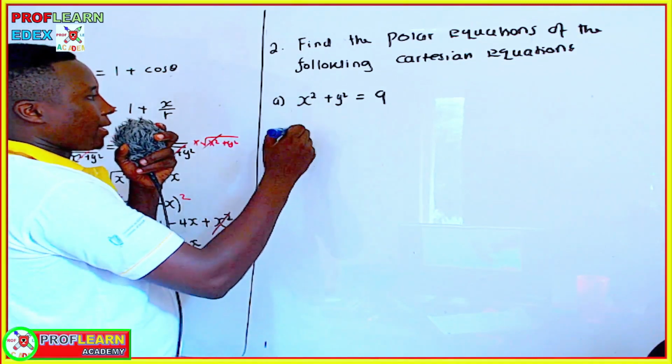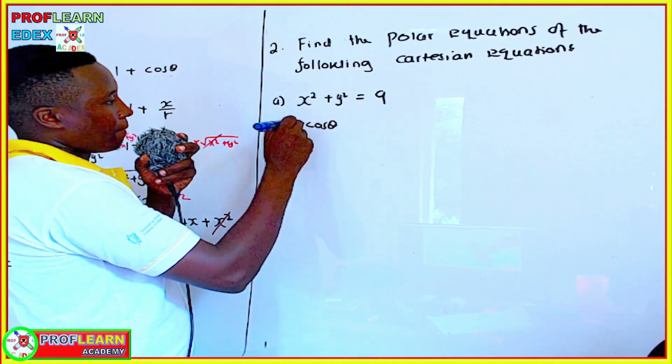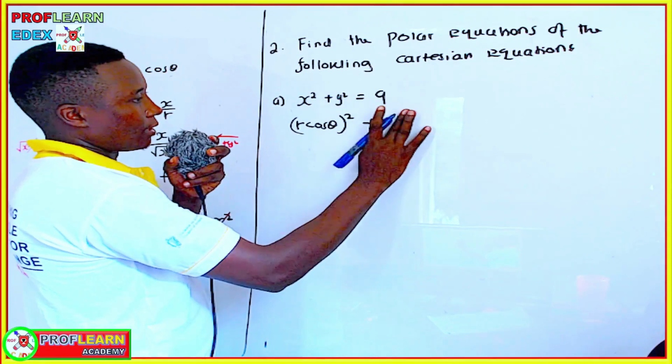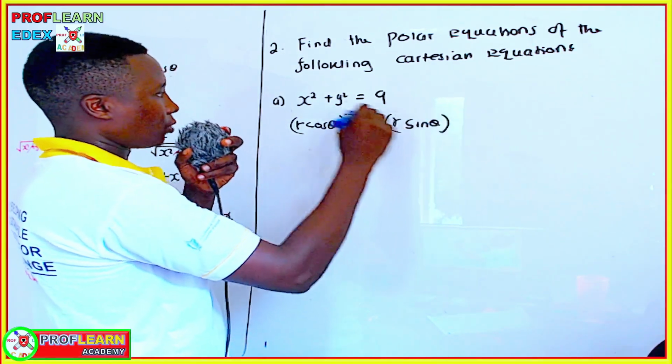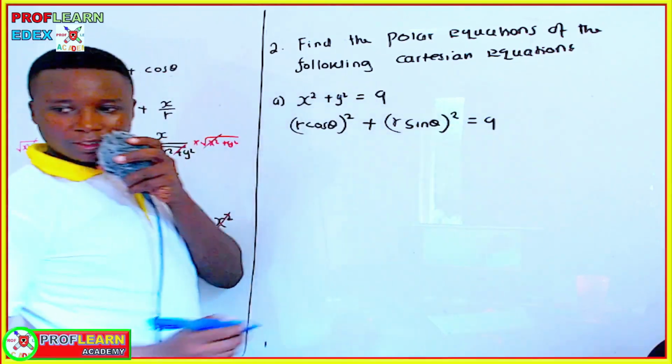Something that we need to remember: x is actually r cos theta, but we have to square that, plus y is actually r sine theta, so we have to square it because it's squared here, and then this is equivalent to 9.